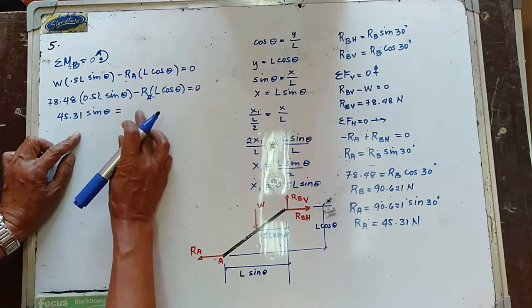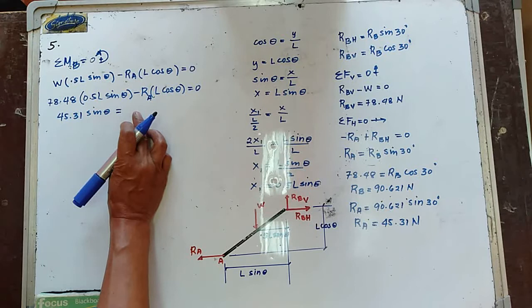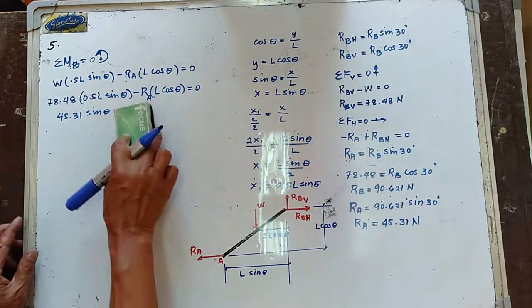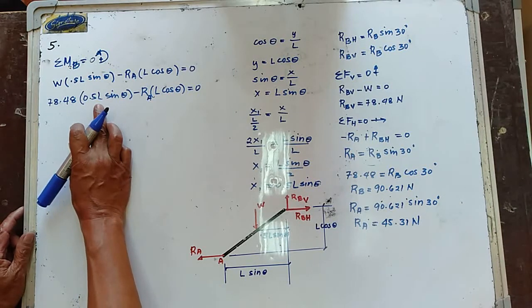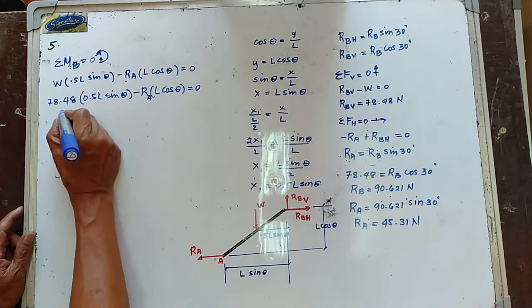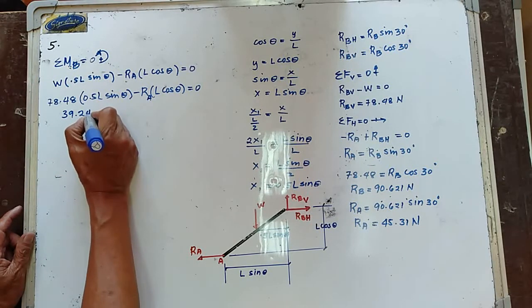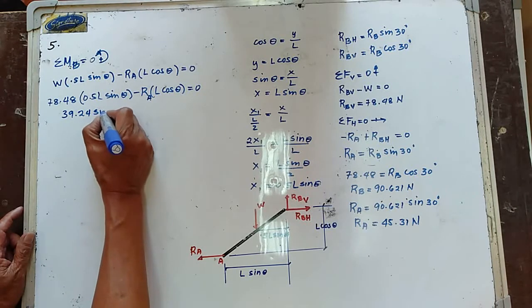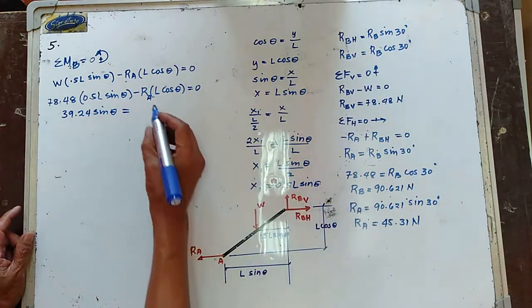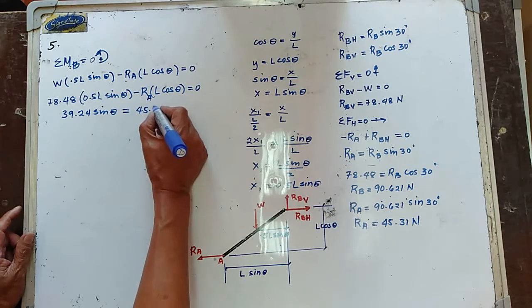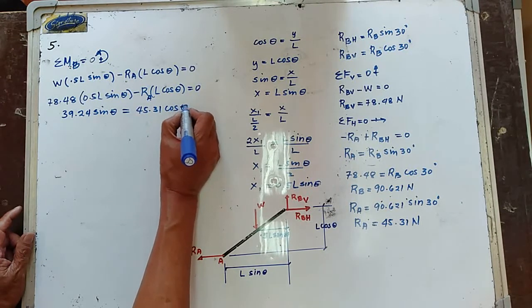So 78.48 times 0.5 is equal to 39.24 sine of theta, and this is equal to RA, and your RA is 45.31 cosine of theta.